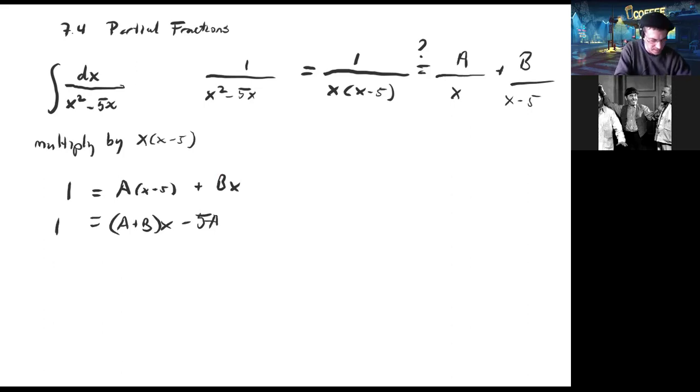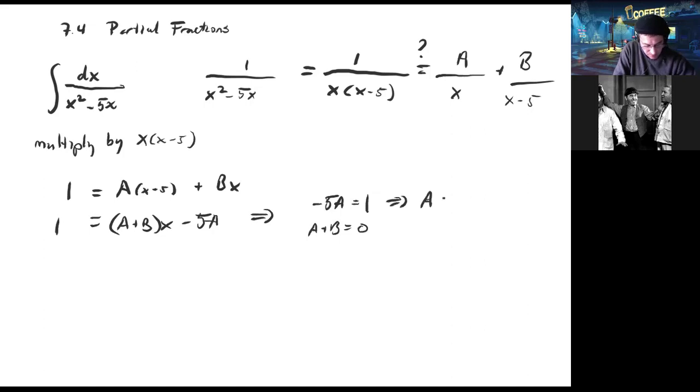So that implies the following conditions. It says that, for example, minus 5a must be equal to 1, and a plus b must be equal to 0. To get the a plus b must be 0, because otherwise you would get a contribution of x on the right-hand side.